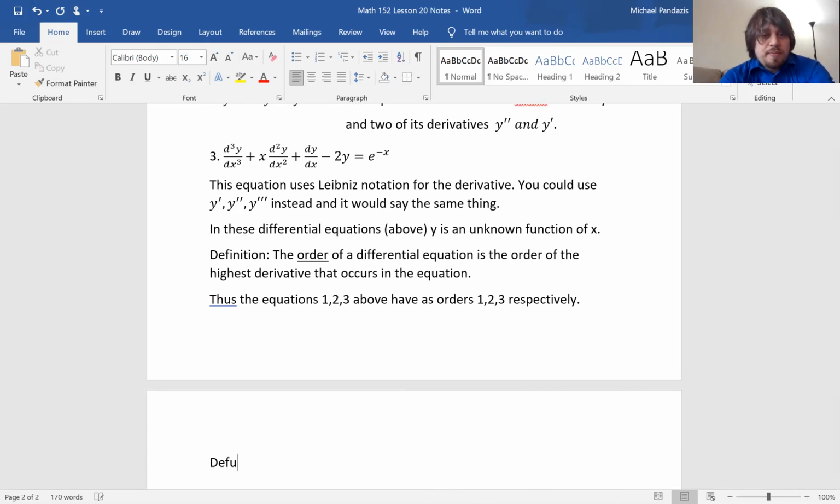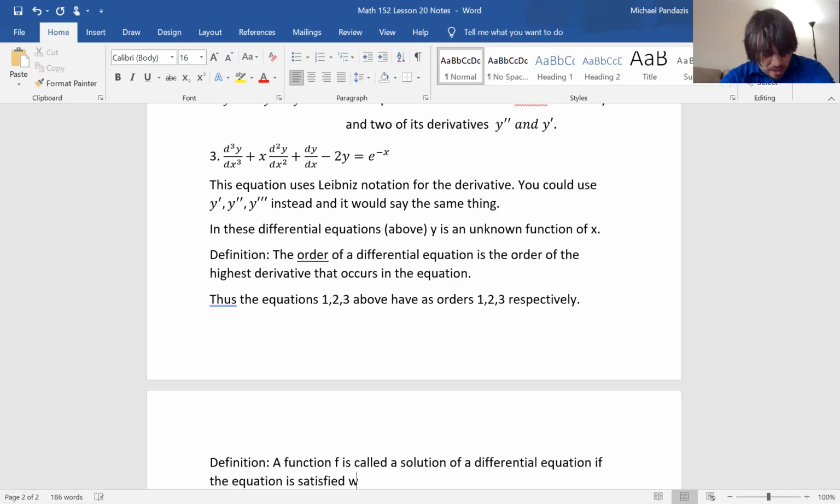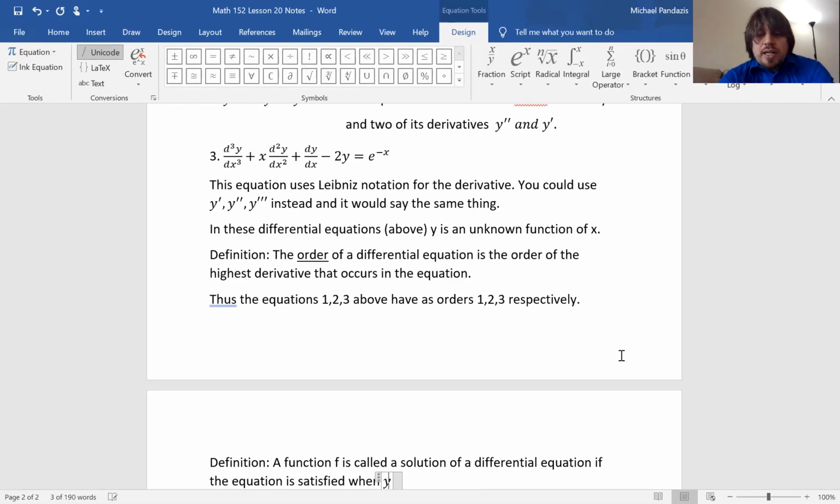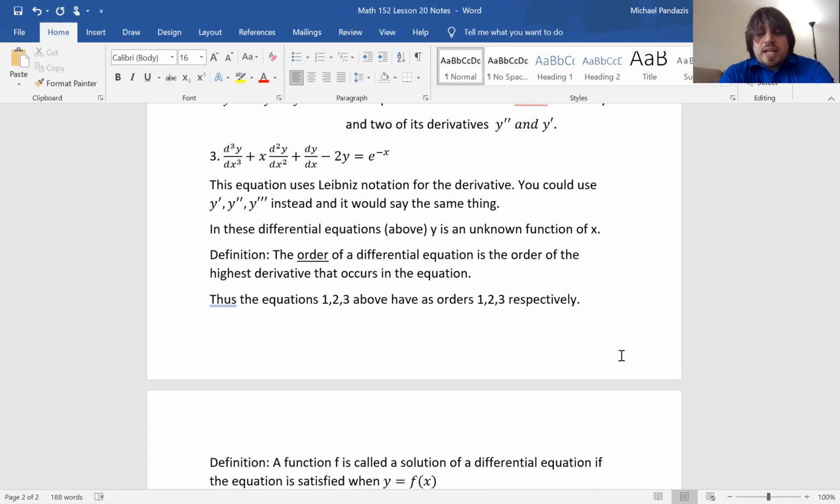Another definition. A function f is called a solution to a differential equation if the equation is satisfied when y equals f of x. Satisfied means solved, okay?